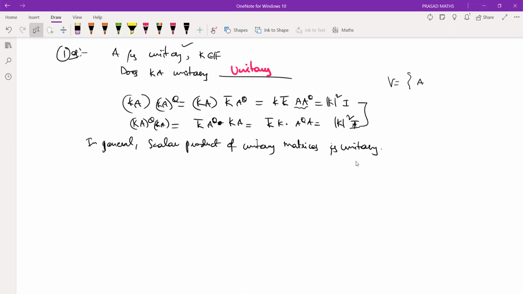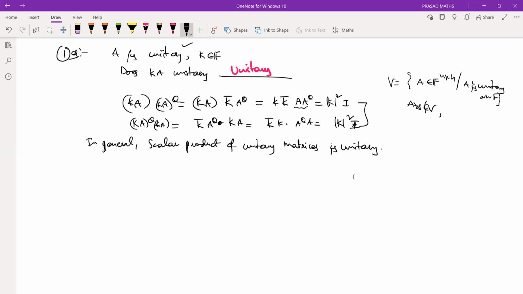Suppose you take the set of all unitary matrices over a field F. Is it a vector space over F? The answer is no, because sum of two unitary matrices may not be unitary. Therefore, it is not closed with respect to vector addition, so it is not a vector space.